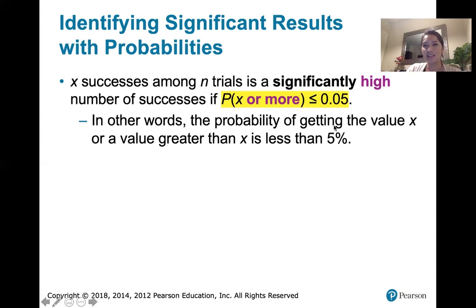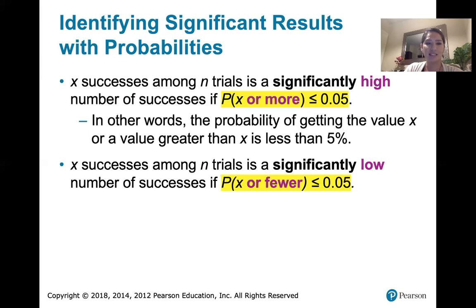What this highlighted statement says is that the probability of getting the value X, so X successes, or more than X successes is less than 5%. So that's saying that that event of getting X successes or more successes is pretty rare.